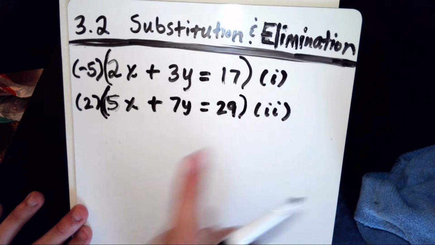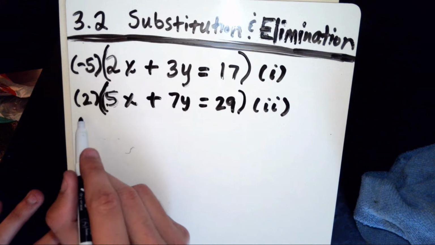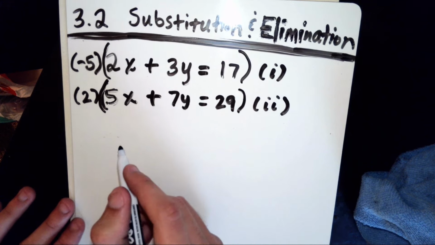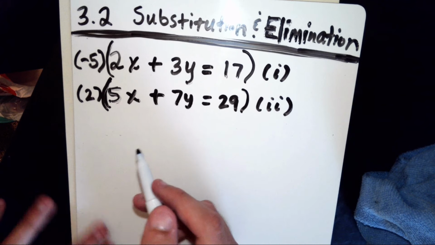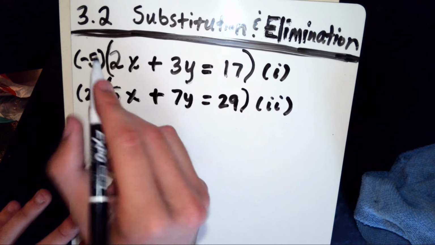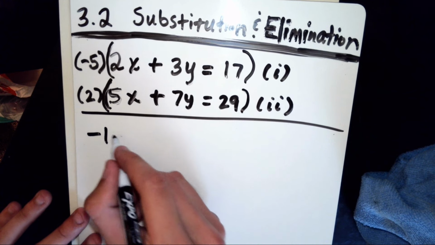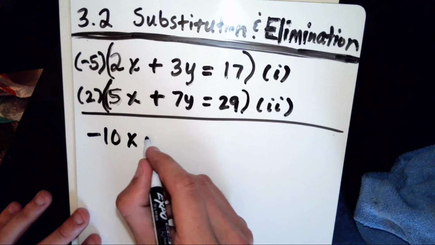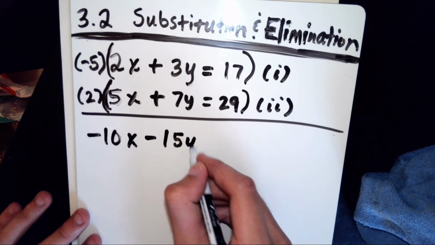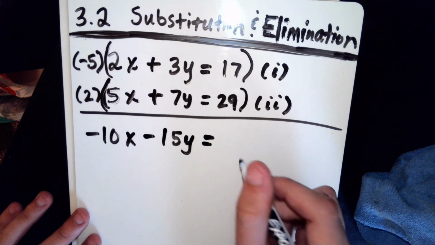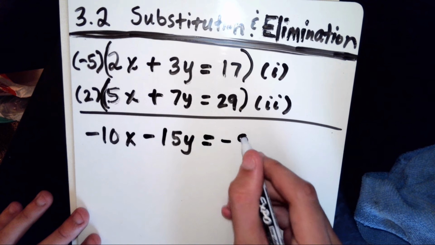Now we're going to do this and add these together. I'll do it in a couple of steps just to make sure you follow me the whole way through. We distribute the negative 5 through. We get negative 10x minus 15y equals, and then we take 17 times negative 5, that's negative 85.